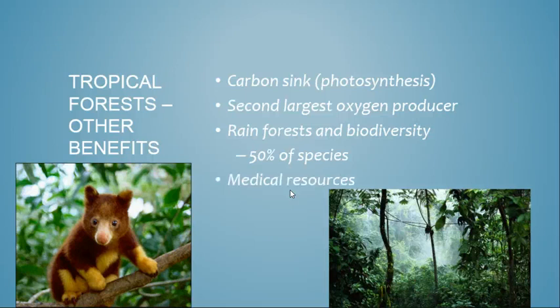And we get a huge number of medical resources and cosmetics from the rainforest. I think something like 25% or a third of all pharmaceuticals actually still come directly from plants in the tropical forest. And then we've been able to produce synthetically some other things that have been discovered in tropical forests. So it's huge.